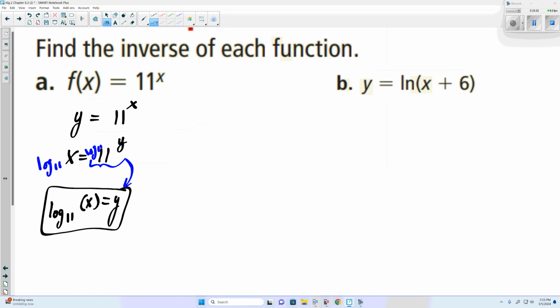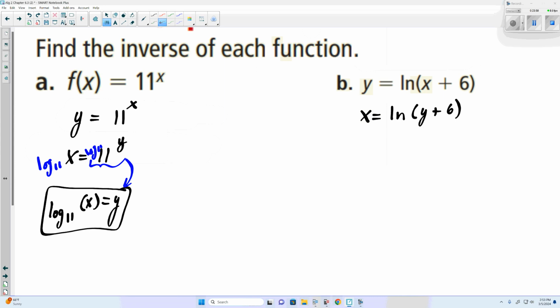y equals the natural log of x plus 6. Well, we don't have to rewrite f of x as y. So the first thing we can do is what? Switch the x and y. The natural log is already by itself, yes? So we need to rewrite it in exponential.